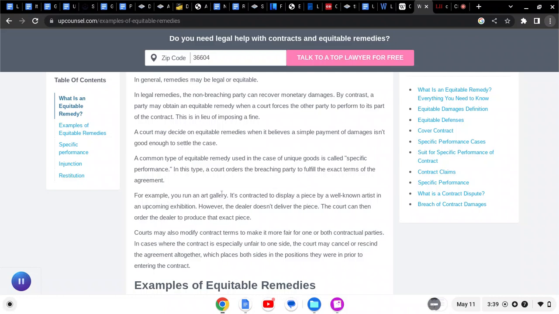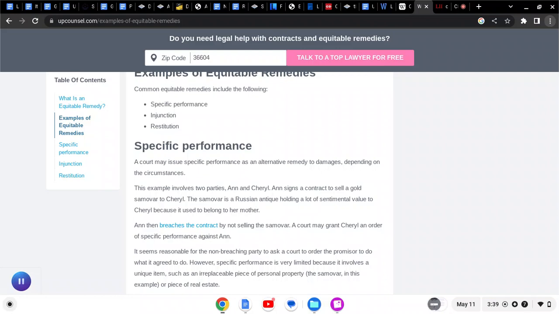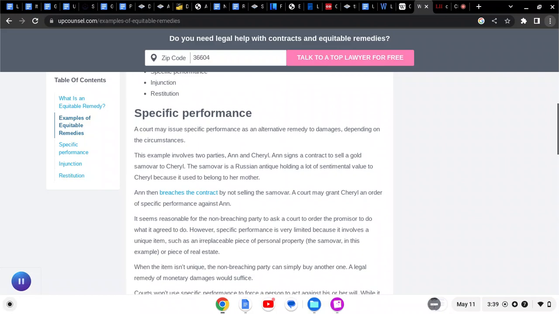For example, you run an art gallery. It's contracted to display a piece by a well-known artist in an upcoming exhibition. However, the dealer doesn't deliver the piece. The court can then order the dealer to produce that exact piece, and so on and so forth.